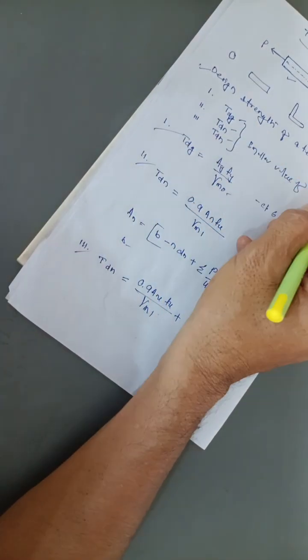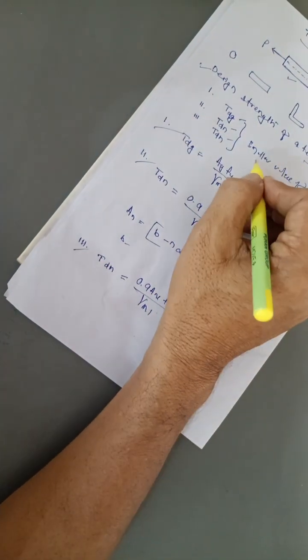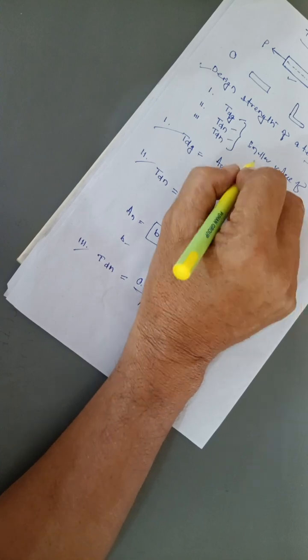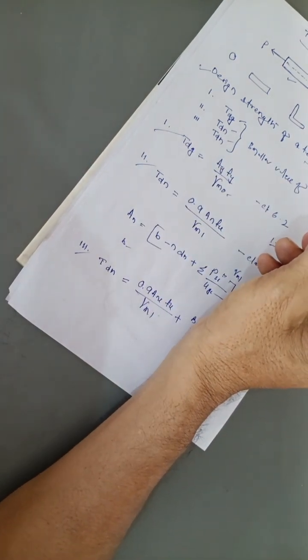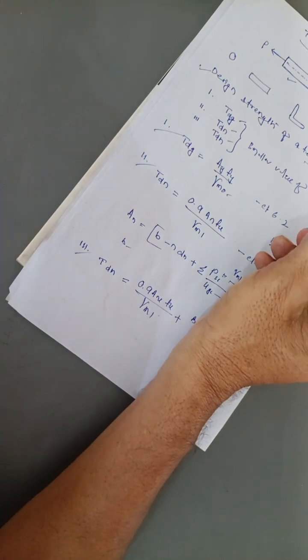The final design strength of the tension member is the smallest, or least, value of these three.